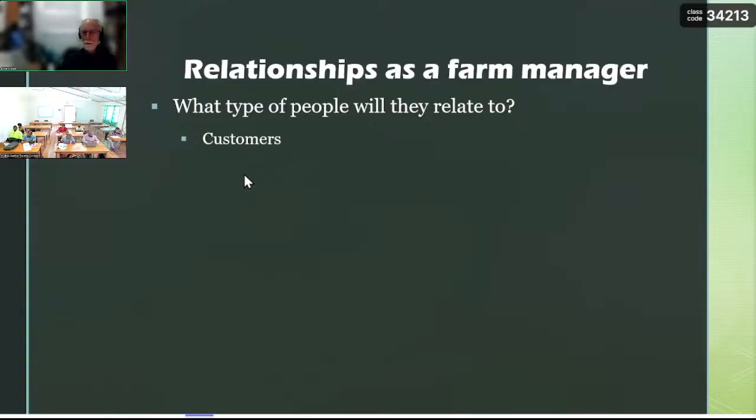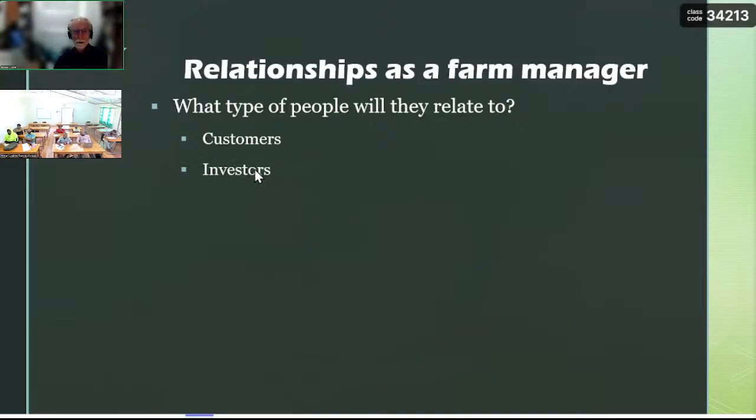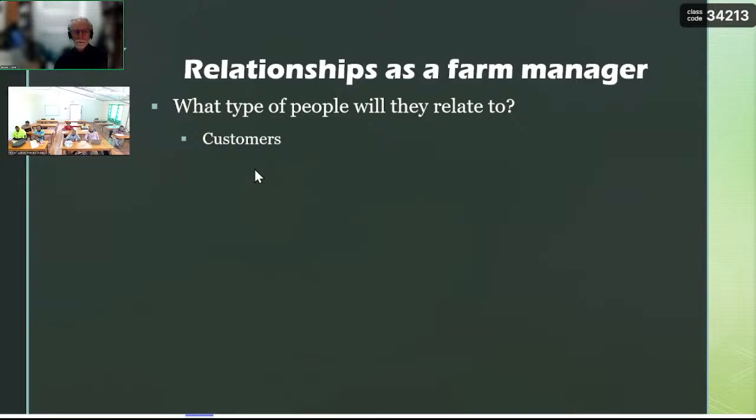What other people do you relate to as a farm manager? Which other people? Workers. Workers, exactly. Thank you. And what else? I've said it here. You're going to be relating to those investors as well, aren't you?